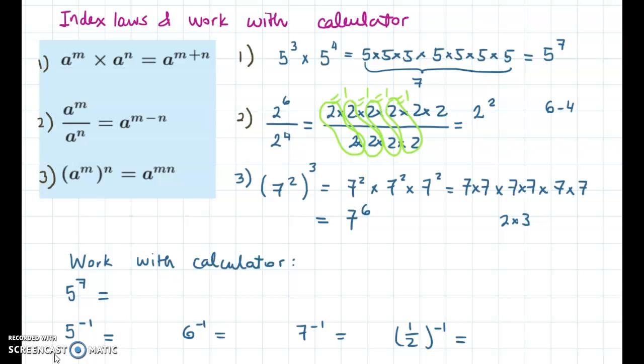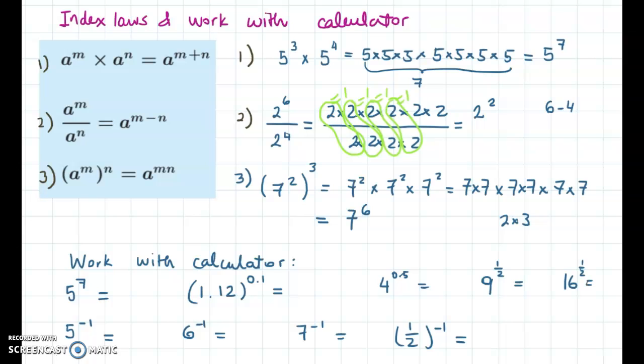I also want you to do 1.12 to the power of 0.1. Let's see what you get there. And I also want you to try to do 4 to the power of 0.5 and 9 to the power of half and 16 to the power of a half.